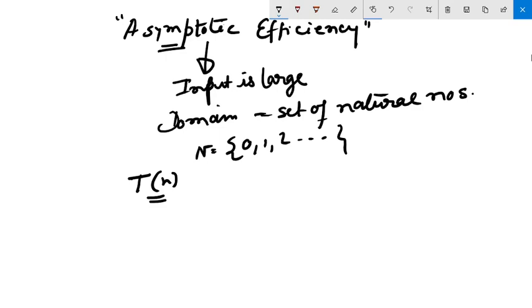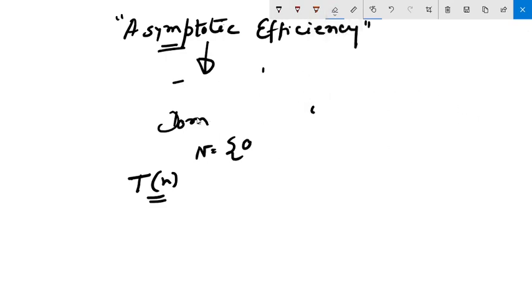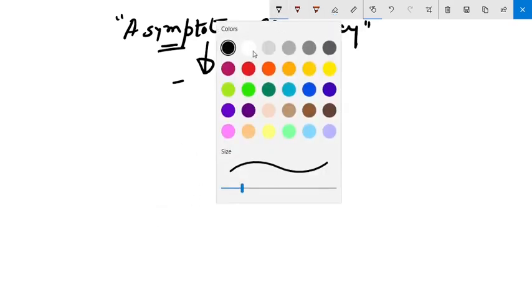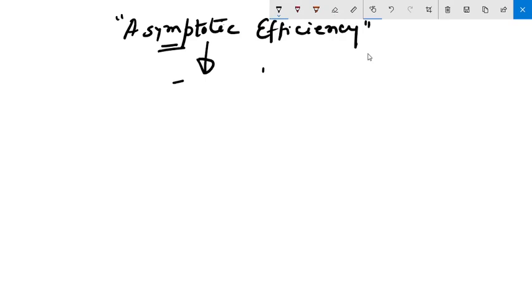Worst case running time is also related to exponential time. And there is a problem with these asymptotic notations: there is a chance of abusing asymptotic notations.